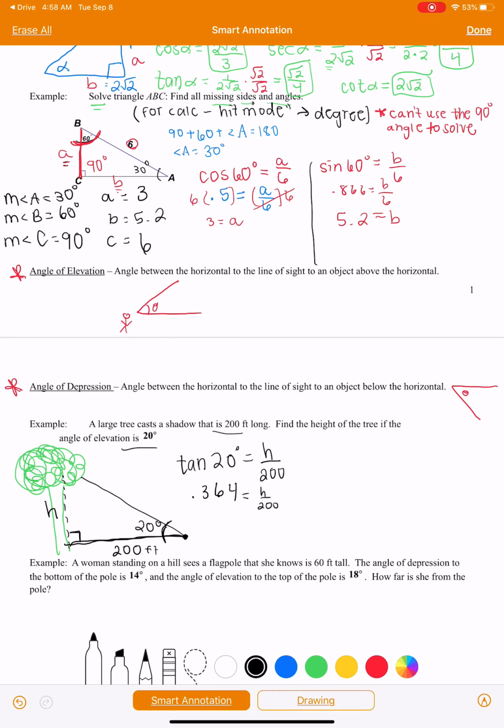And now multiply by 200, and I get that my height is, and I rounded on the paper, but I didn't actually round in my calculator, so just FYI. Okay, so this decimal multiplied by 200 is about 72.79. Don't forget your labels. We are talking in feet here. All right, there we go. We just found the height of the tree.